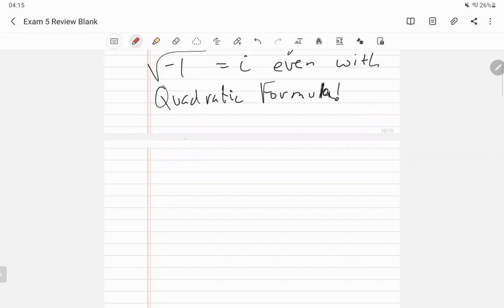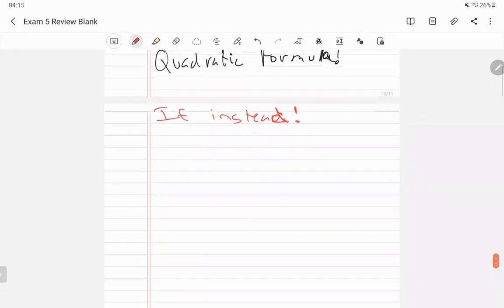So if we would have been given, if instead from above, from number 25, I believe it was, yeah, we would have worked it down to x equals -12 plus or minus 8i over 2.